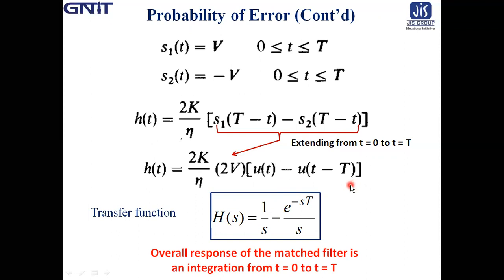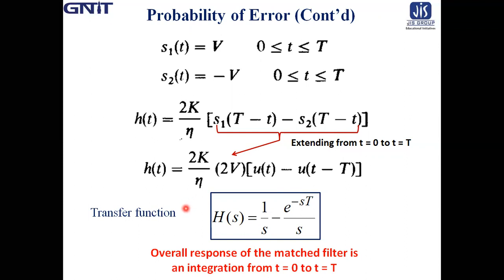The constant factor of proportionality, that is 4kV by eta, in the expression for h(t), that is the gain of the filter, has no effect on the probability of error, since the gain affects the signal and noise alike.